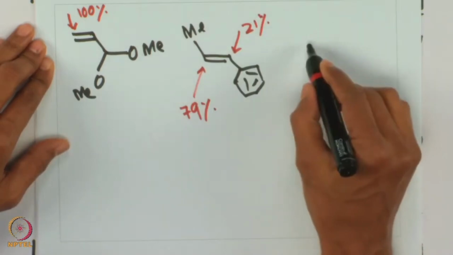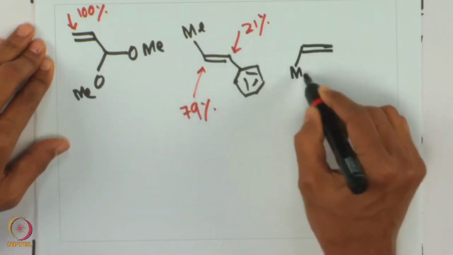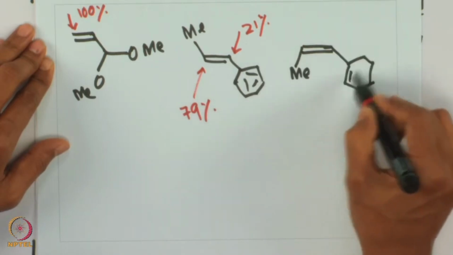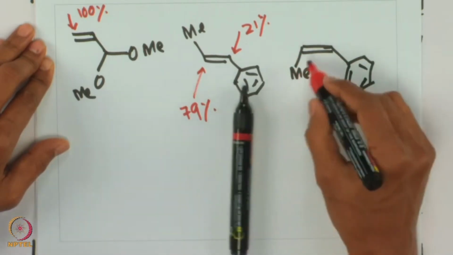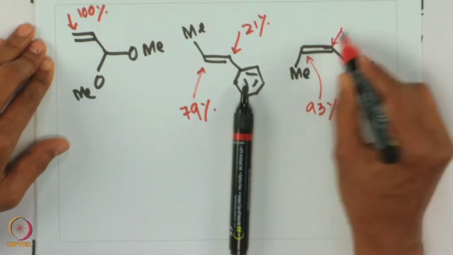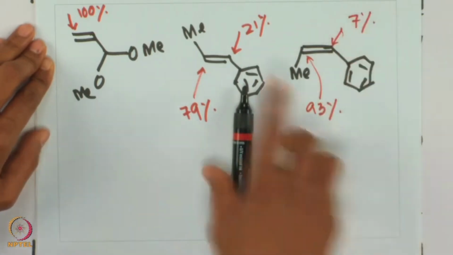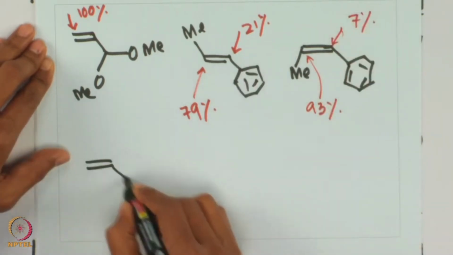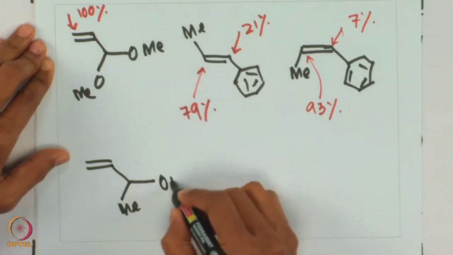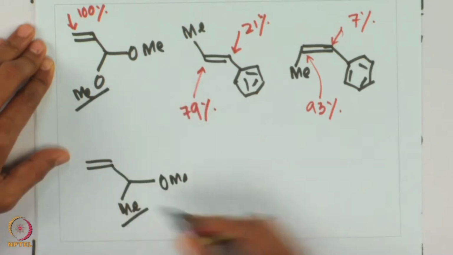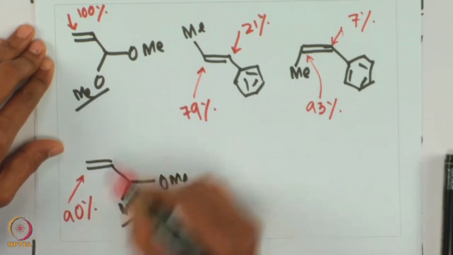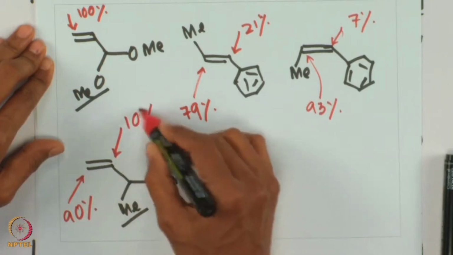If you have the cis one, then we have a slightly different selectivity: over here we have 93% and over here we have 7%. And if we have a further substituted one, similar to this but now with a methyl group, we get 90% selectivity for this site and 10% for this site.